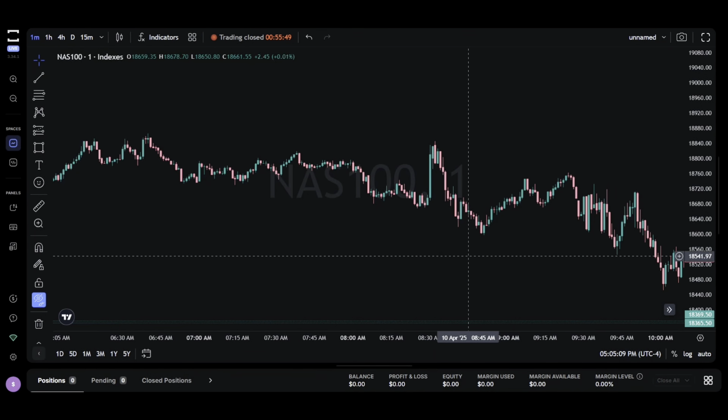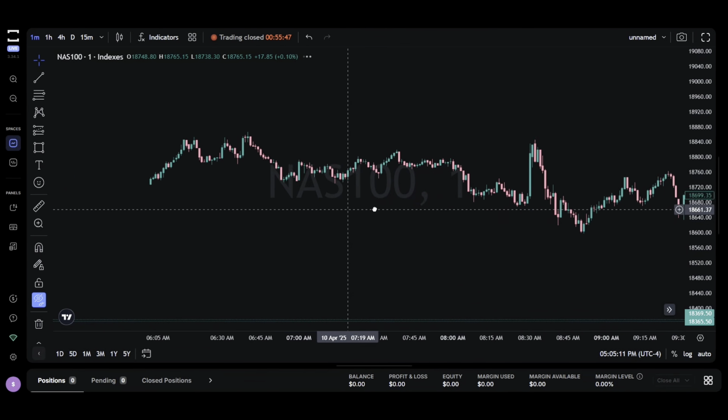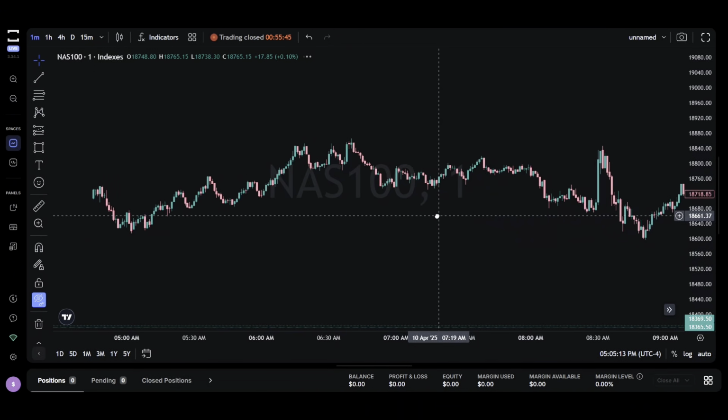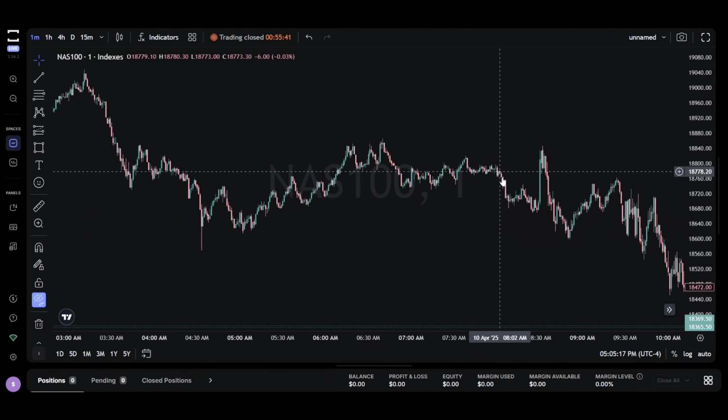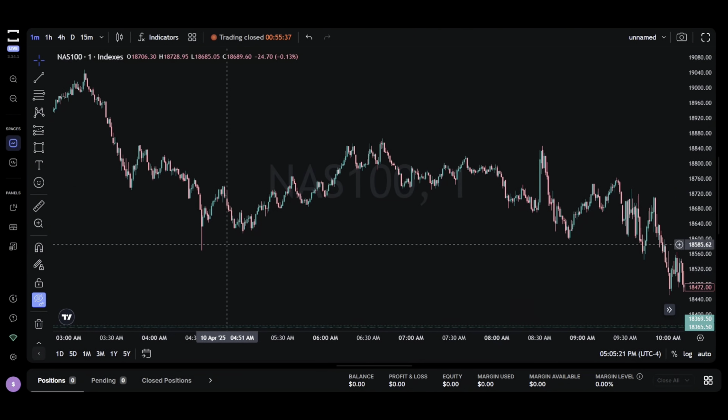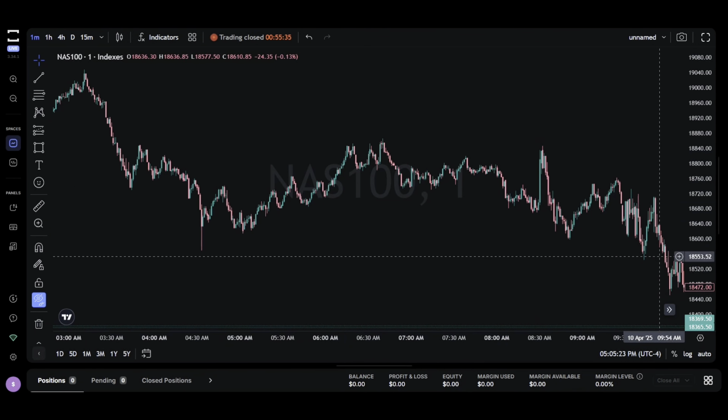So, let me also touch on this while we're here. When the price is ranging, consolidating. So you have the uptrend, you have a downtrend, and then you can have consolidation where the market is moving sideways.